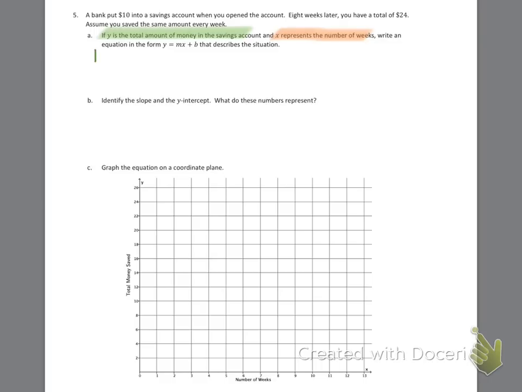So my total amount in my account is going to be my weekly savings plus my starting point, because I started with $10, plus my starting dollars, I could say.